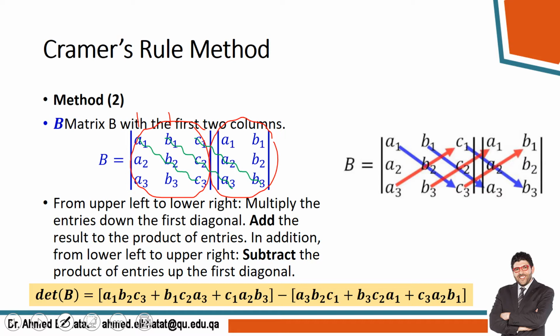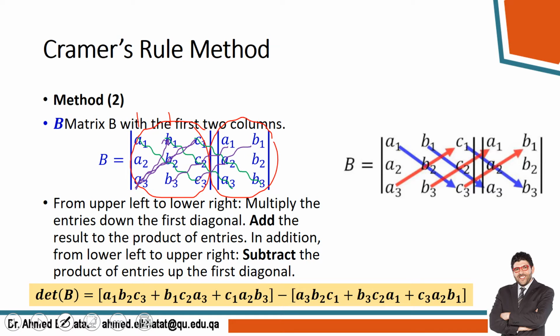Then we subtract the products from the lower left to the upper right: A3 times B2 times C1, minus B3 times C2 times A1, minus C3 times A2 times B1.